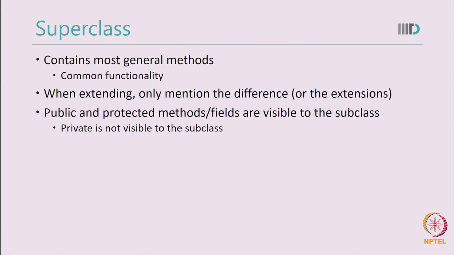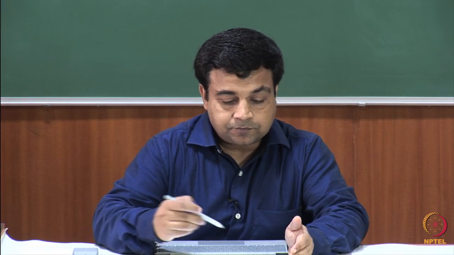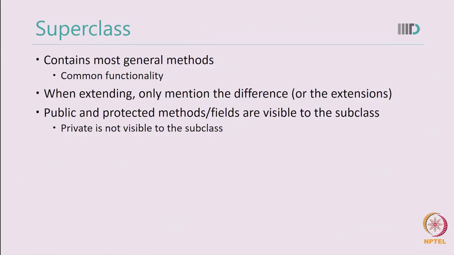So a superclass, like in the previous example vehicle, will contain most general methods which are common to all the subclasses, and when we extend, ideally we should only mention the differences. In the last lecture, we had also studied different modifiers such as public, protected, and private. When we inherit a class, all public and protected methods or fields are visible to the subclass.